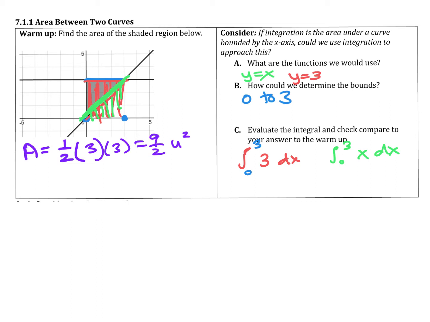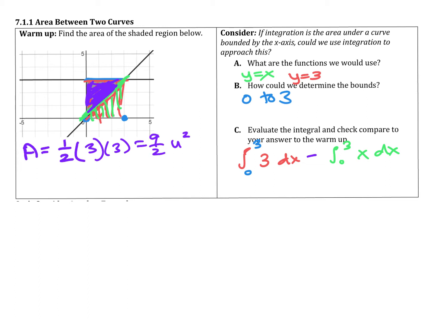So if I just want this area, I need to take the red area and I need to subtract the green area. I need to find the area of that whole square, the entire curve, y equals 3 from 0 to 3. And then I need to subtract out the area that's overlapping here.